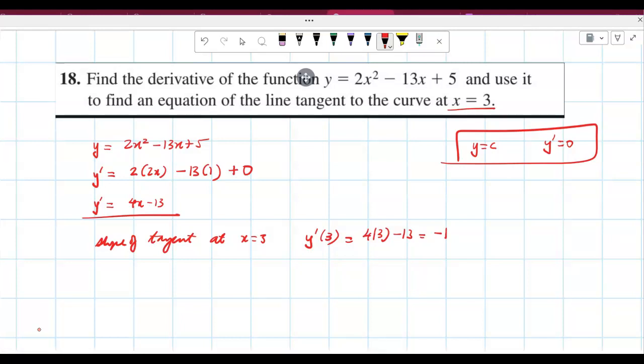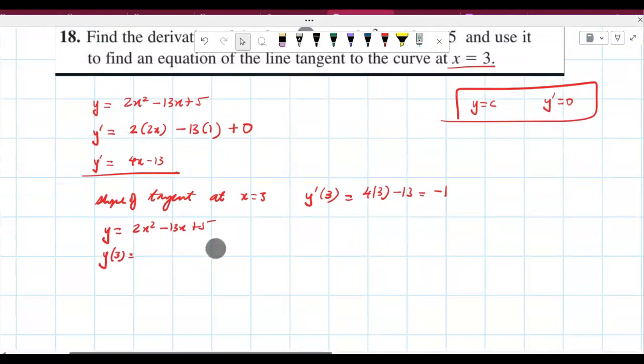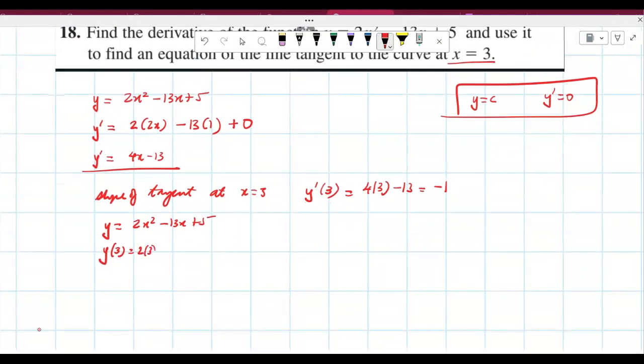So now you put y is equal to 2x squared minus 13x plus 5. If I put 3 here, it will give you the y coordinate. So 2 into 3 squared minus 13 into 3 plus 5. 2 times 9 is 18, 13 threes are 39, plus 5. 18 minus 39 is negative 21, plus 5 is negative 16.